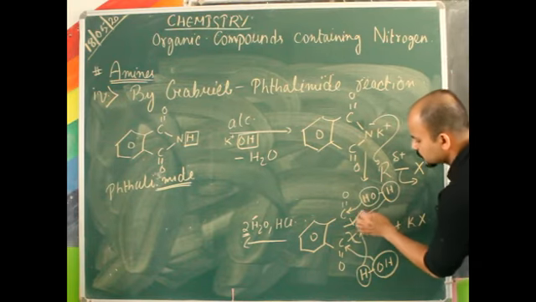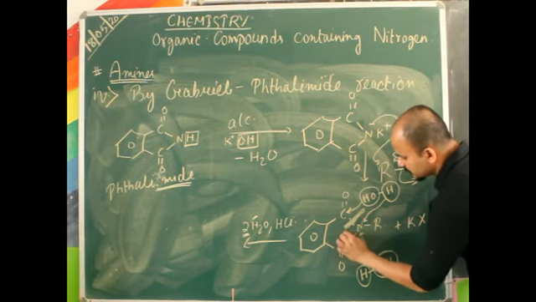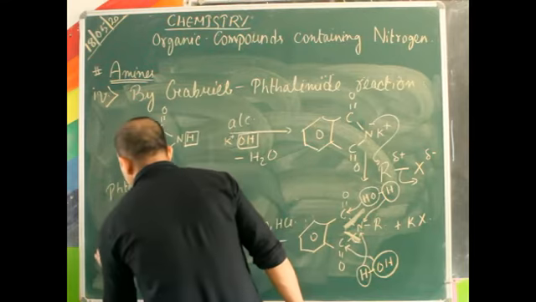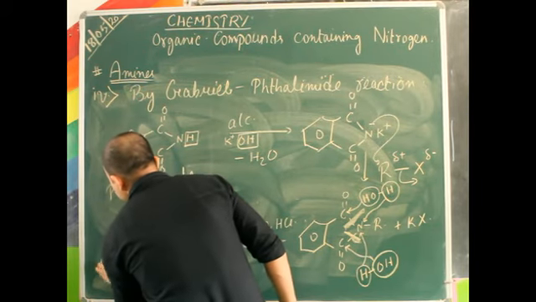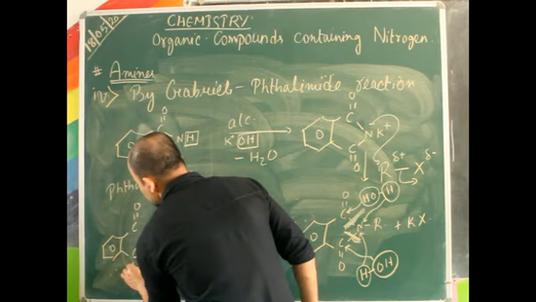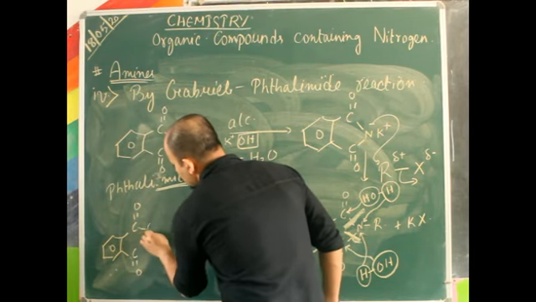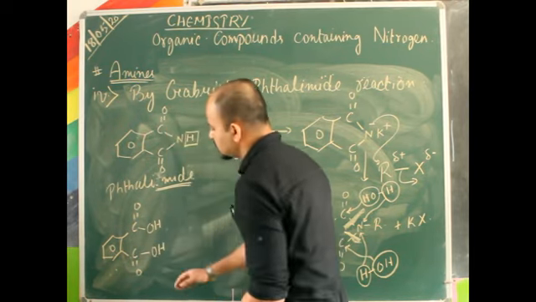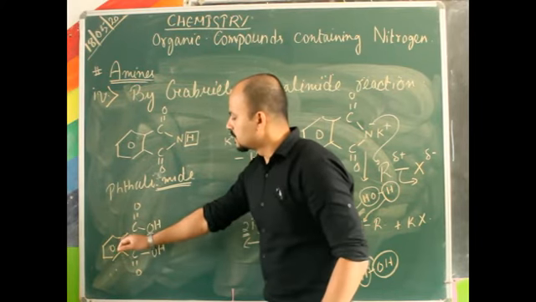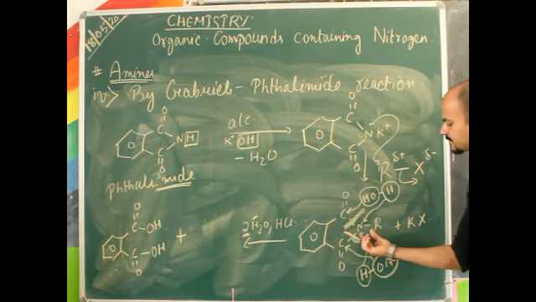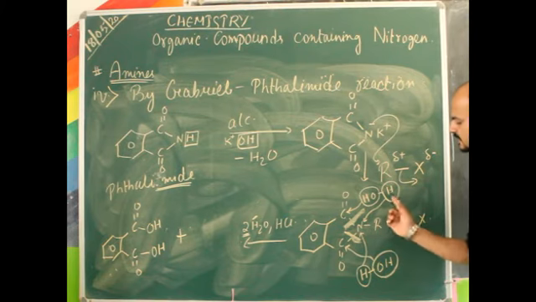And here, as I told you, please don't forget, this bond is flipped now. And let's write the product now. That means here I will be getting benzene ring, and to it C double bond O was already attached. Now what has come? OH from water molecule, and OH from another water molecule has come to give you this particular compound. And here you are left with NR, and 2 hydrogens has come here.